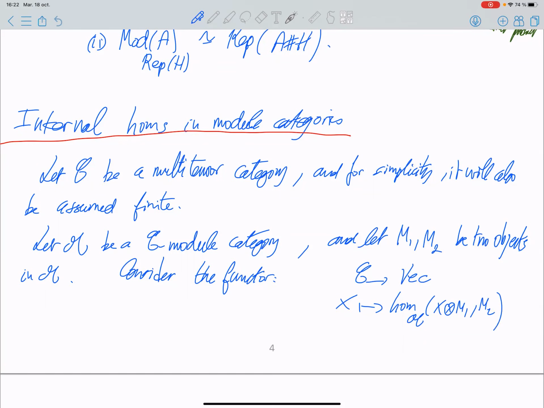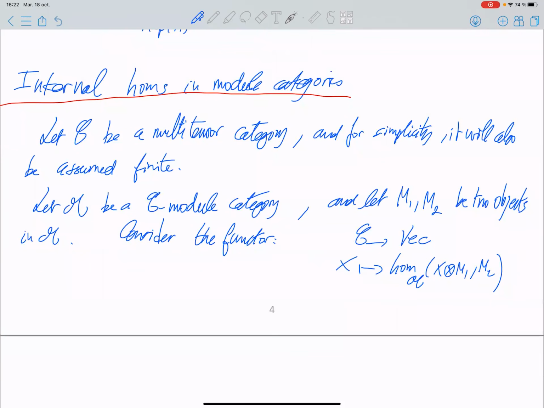So you consider this functor. This functor is left exact.